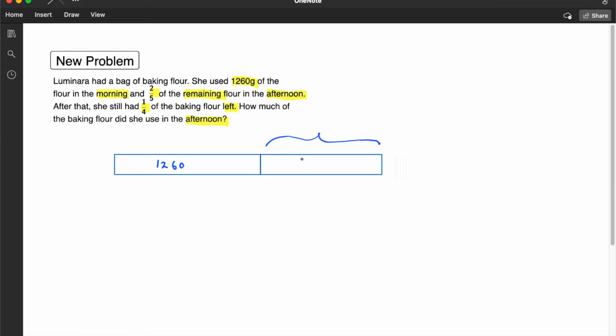In other words, this will be broken up into two parts. Here will be 2 units, and then this part will be 5 minus 2, or 3 units, so that this part will be 2/5 of the whole thing. So this is the remaining, and this is actually the afternoon.